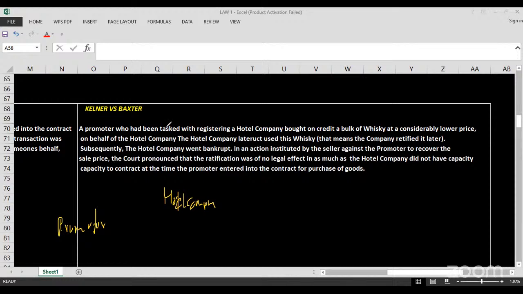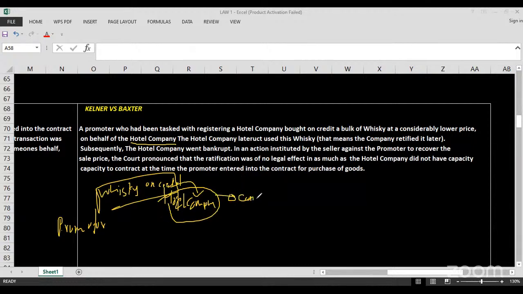He bought some whiskey on credit at a considerably lower price on behalf of this hotel company. The promoter gave the whiskey to the company, and later the company used it. They consumed it, they sold it.